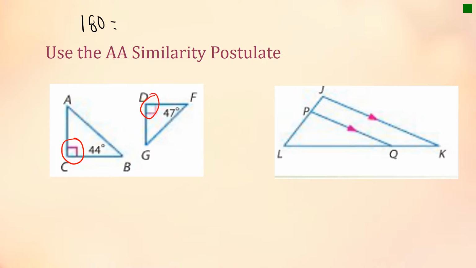But in this triangle on the left, this is 44 degrees, and this is 47 degrees. They're close, but no, they are not similar, because no two pairs of angles are congruent.